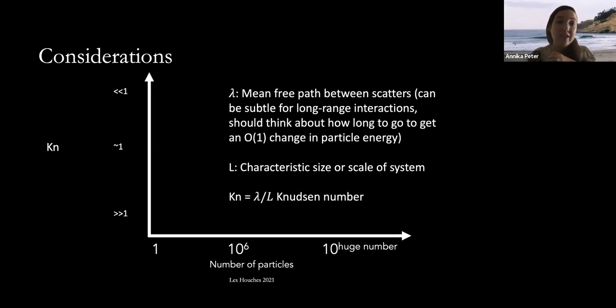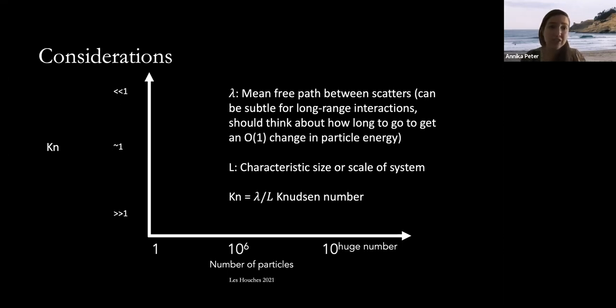Gravity, though, is a long range force, so for a long range force it's not the distance between scatters that matters. In some sense, that doesn't even make much sense to talk about, because the moon is far away, but it's always interacting with the Earth. So how would you quantify the interaction between the Earth and the moon, given this long range interaction?